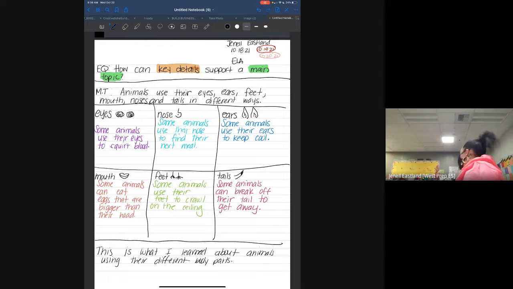Guess what? Using its legs, that's that part, right? So you have so many different things that you can talk about, what you learned about how the animal uses their body parts to be okay. All right? I'm going to hand you back your notes. You're going to finish your notes. Do you guys understand that? Yeah. Okay.